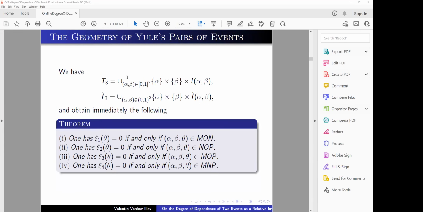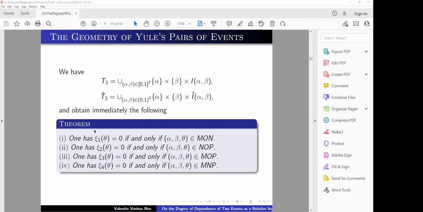And you have this stratification of the corresponding tetrahedron T3. This is a stratification into line segments. And the interior has a similar stratification, but here alpha and beta are strictly between 0 and 1, and here you have the interior of this line segment I_alpha_beta.